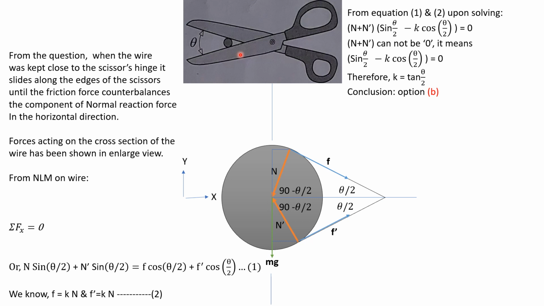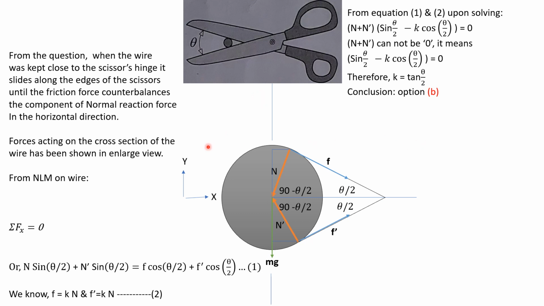It means the friction force acting on the cross section of the wire in contact with the cutting edges counterbalances the force acting in this direction. So the motion of this wire stopped.